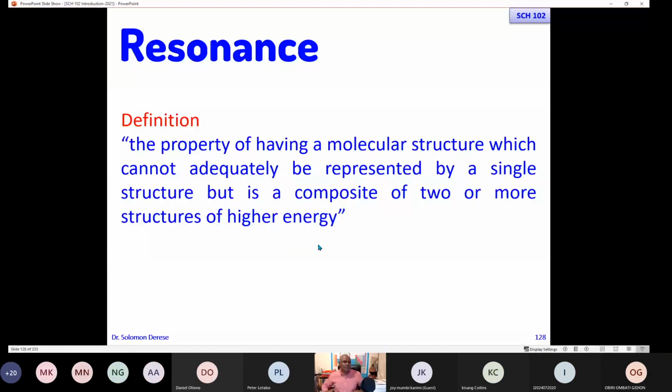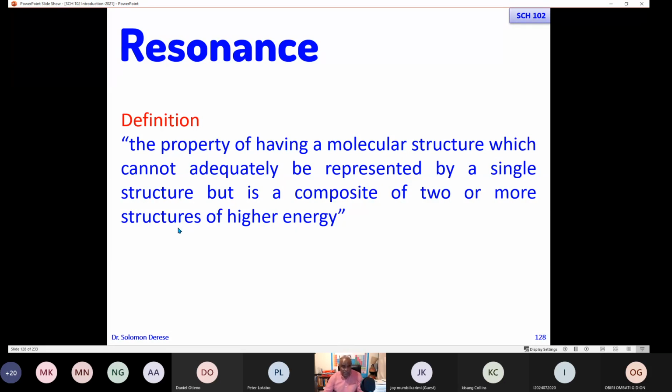So we were talking about resonance, okay? By definition, what does resonance mean? The property of having a molecular structure which cannot adequately be represented by a single structure, but is a composite of 2 or more structures.